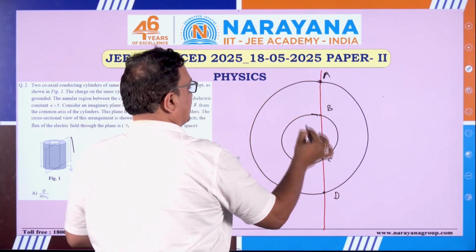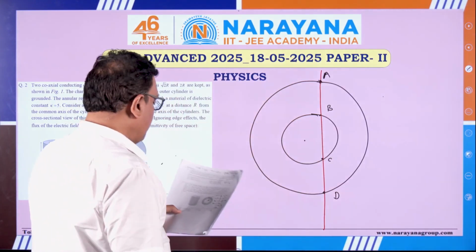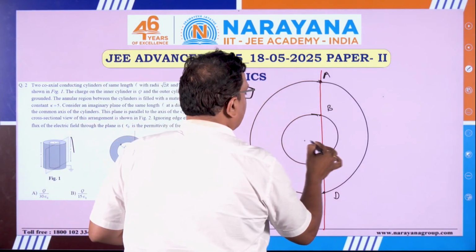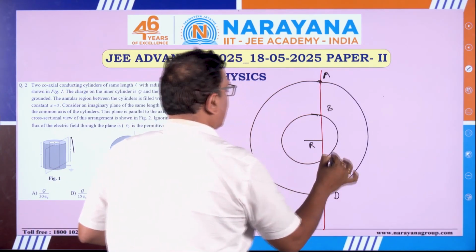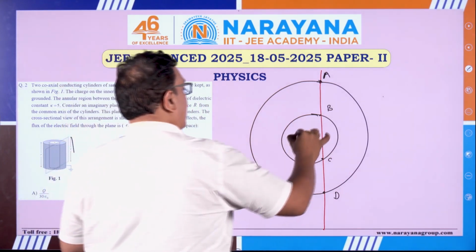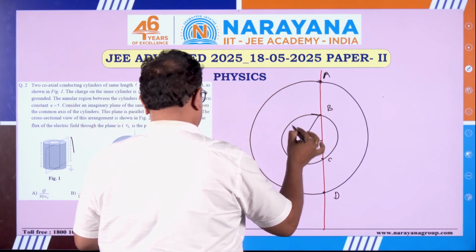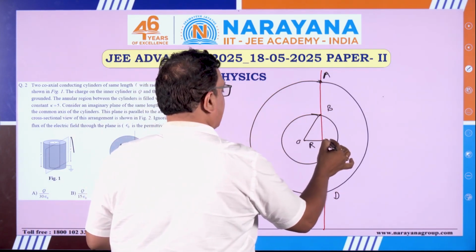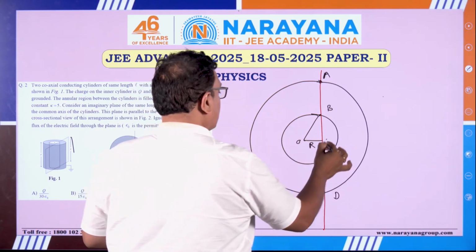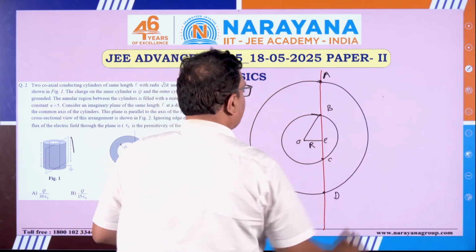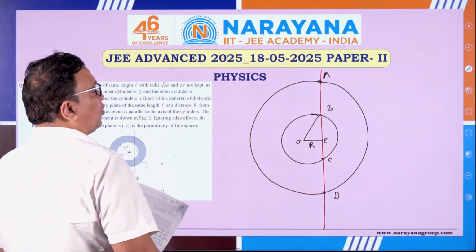Now, here is the center. By the way, they have given this distance as R. We'll take this as O, and A, B, C, D is done, so we'll go with E. Now you see the triangle OEB.